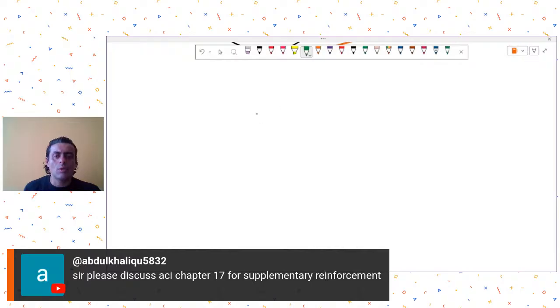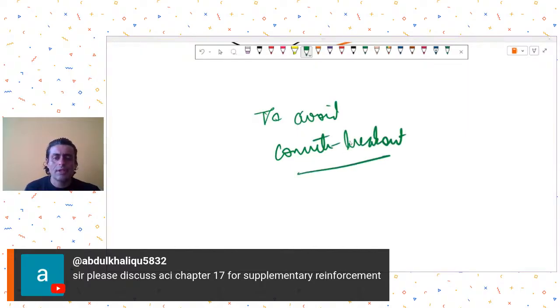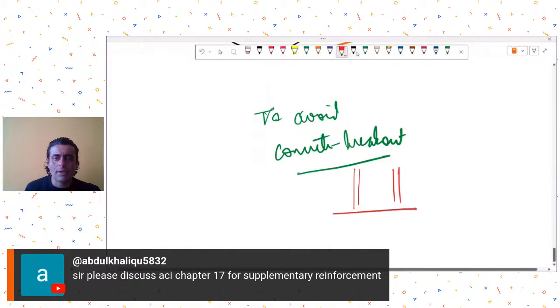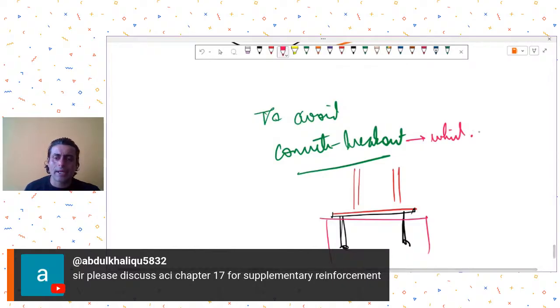Basically, to avoid concrete breakout failures, the option available to you in ACI 318 chapter 17 is to give supplemental reinforcement whereby you tie the anchor bolts together by this reinforcement and avoid the concrete breakout, which is very critical in your base plate anchor bolt design.